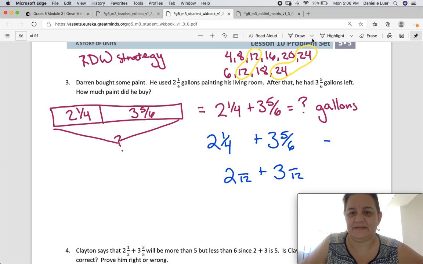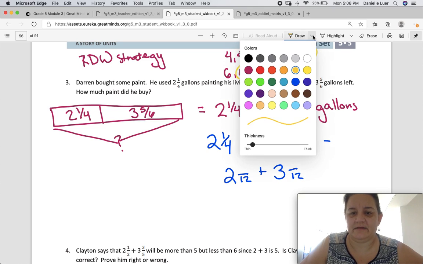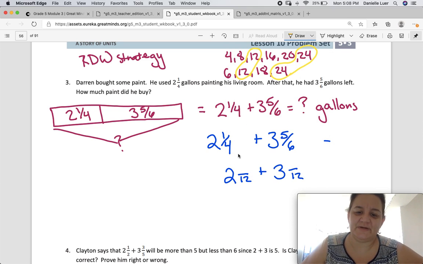So now I need to multiply. What do I need to multiply times 4 to get 12? 3. Okay. So 1 times 3 is 3. 4 times 3 is 12. Here I need to multiply by 2 because 6 times 2 is 12. So 6 times 2 is 12. And then 5 times 2 is 10.